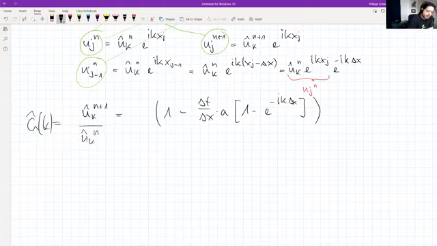Yeah, and essentially we're nearly there. What we see here is that we have one part down here, which is dependent on k and delta x, but then we also have a prefactor, this delta t times a divided by delta x.